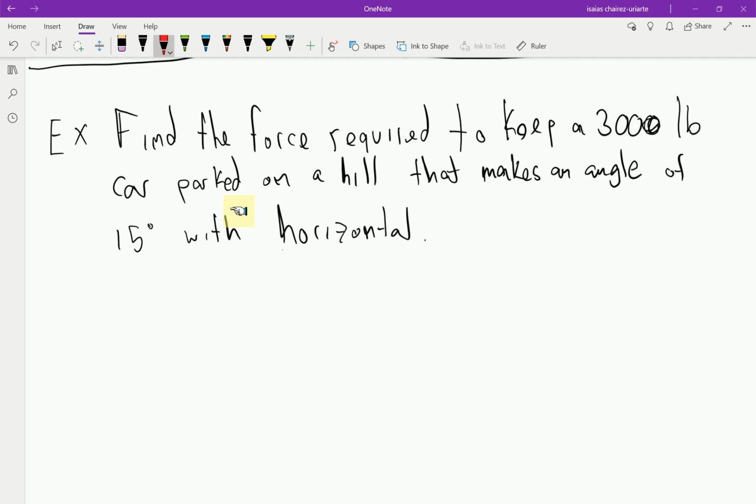Well, let's see. Let me begin by sketching what I sort of see here. I think a sketch is always a good starting point. I am going to sketch what I understand, and this is what I understand right now, that this is 15 degrees. Okay. So I have some incline.